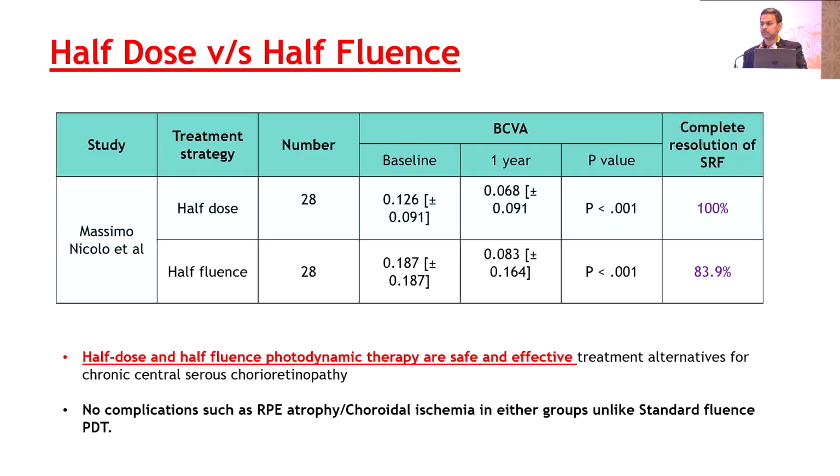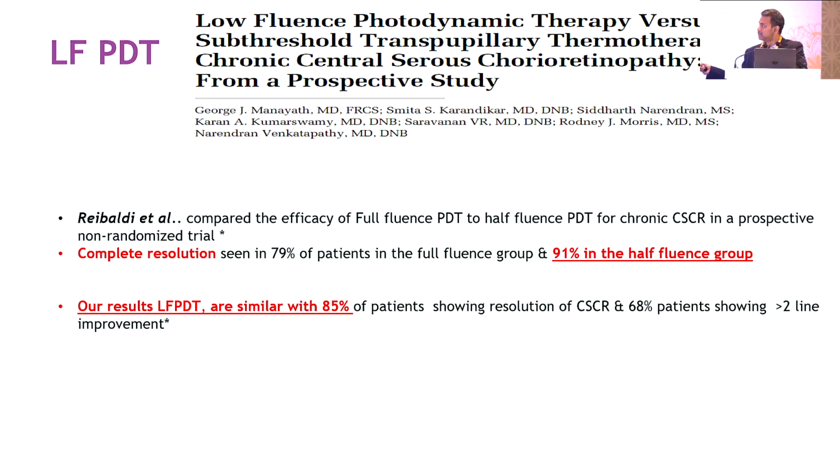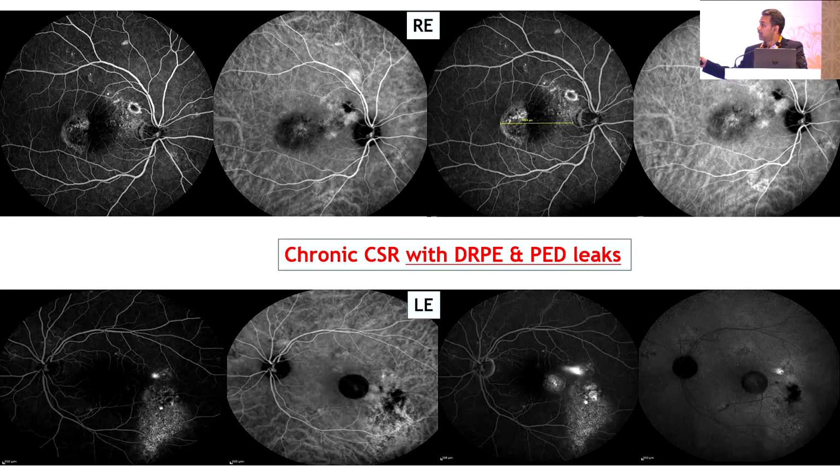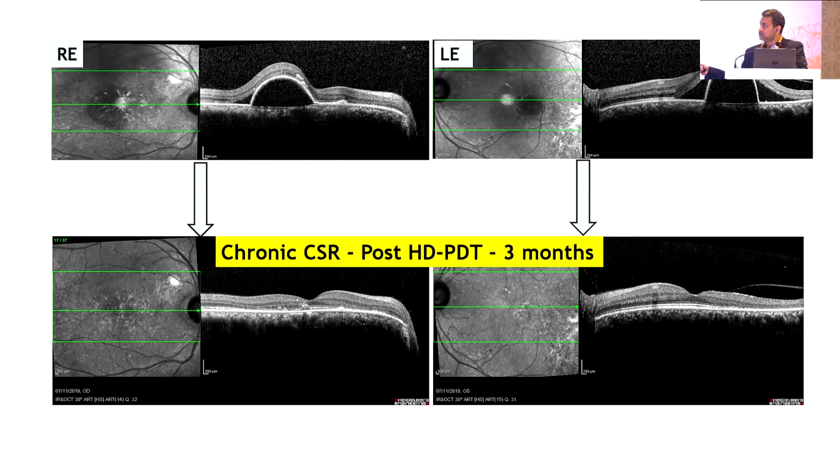Half dose or half fluence are equally good and better than standard fluence PDT, and the Indian results are also 90%, comparable to the Western literature, in cases where you have chronic CSC with subfoveal PED and fluid, and fluorescein and ICG showing a diffuse leak and leaking PEDs. In this scenario you cannot do any other treatments, injections don't work, so we have to go for PDT. Here you see the PED and the fluid disappearing after 1 month and after 3 months of half dose PDT in this patient.